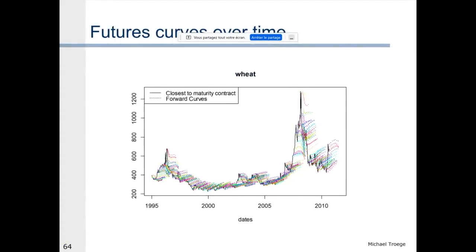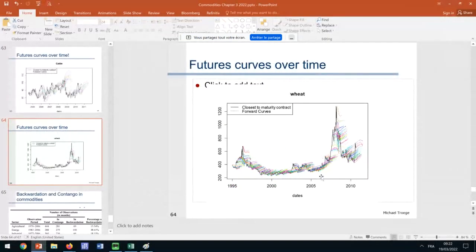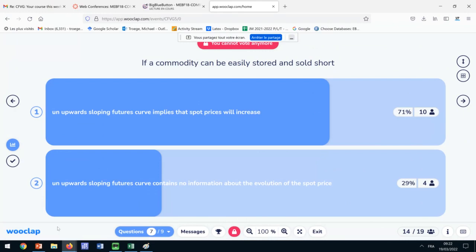The wheat is upward sloping because the cash and carry relationships hold, but everybody expects the prices to go down, and actually prices are going down very quickly, because the anticipation of future price decrease feeds through to the current price. Okay, so in case there is easy storability, and it's easy to sell short, it means that there is no information. The shape is only determined by the cash and carry relationships. The shape has nothing to do with where the prices are going.